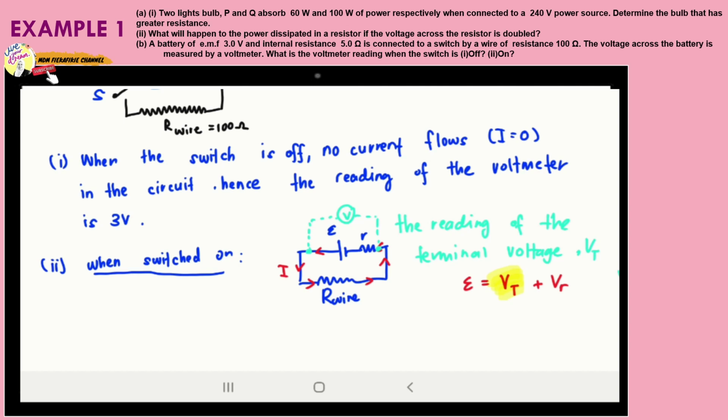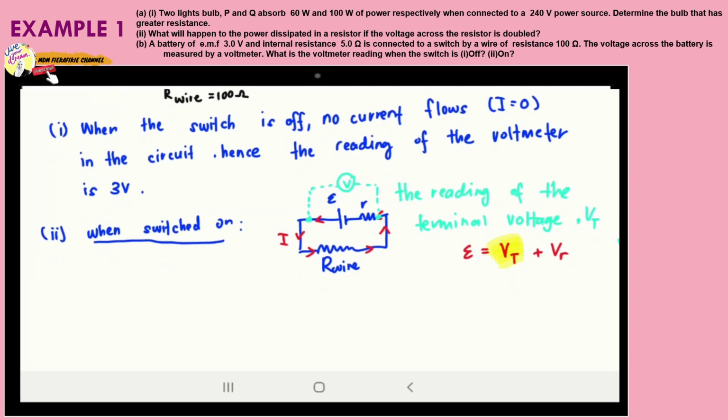We can expand this equation since I want to find the value of current that flows in the circuit. So EMF is equal to I times the external resistance, 100 ohm, plus the internal resistance in the battery. Here we have 3, so we can factorize I: R plus r, where capital R is 100 and small r is 5 ohm.